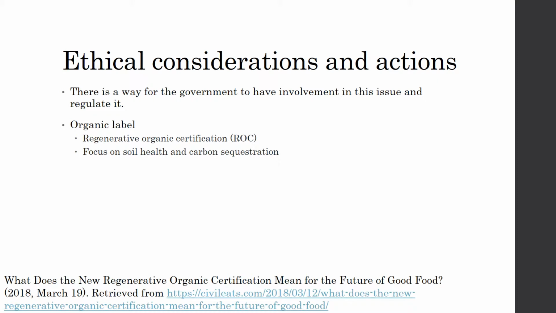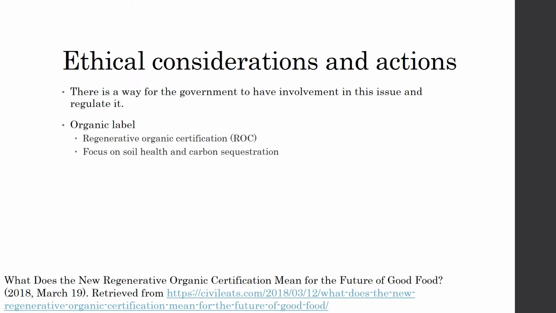One way to do that is the organic label, which is already something that has started and they're using, but they have come up with something called the Regenerative Organic Certification, or the ROC. This really focuses on soil health and carbon sequestration.